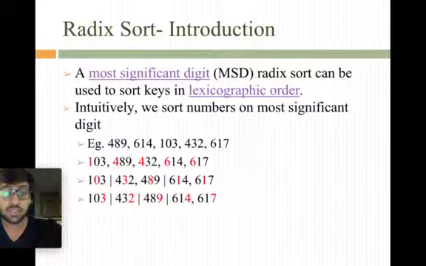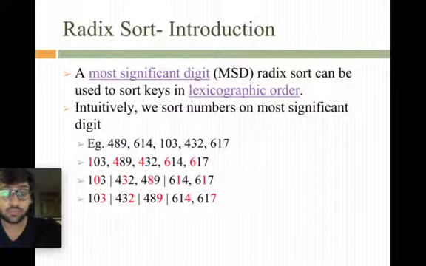So using this, I'm able to form a few buckets depending on the starting integer. The first bucket contains 103, the second bucket contains 432 and 489, the third bucket contains 614 and 617. Note that this is based only on the first digit. Now within each bucket we'll have to sort individually.